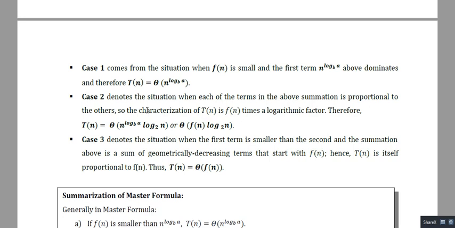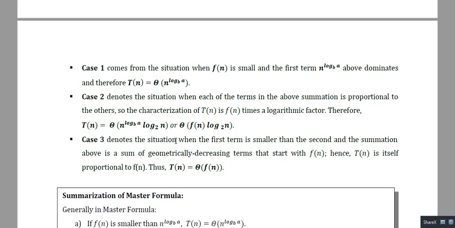So now the next case, case 3, says that f(n) is larger, so obviously T(n) is equal to theta of f(n), and case 2 is this formula, when both are equal.